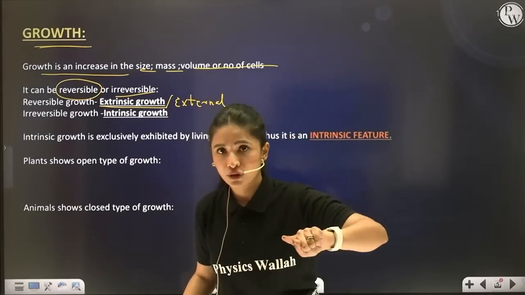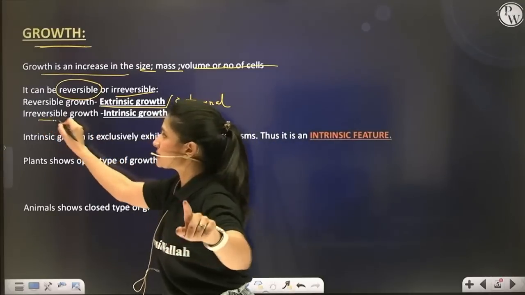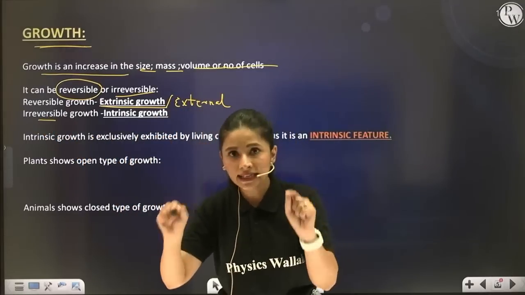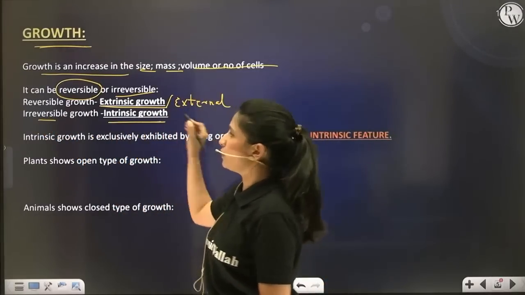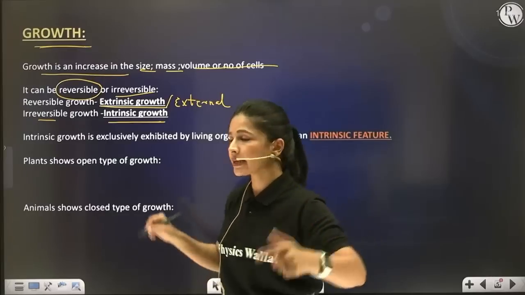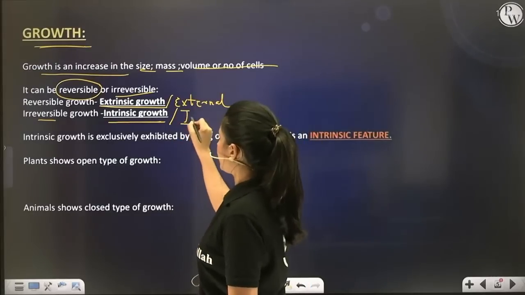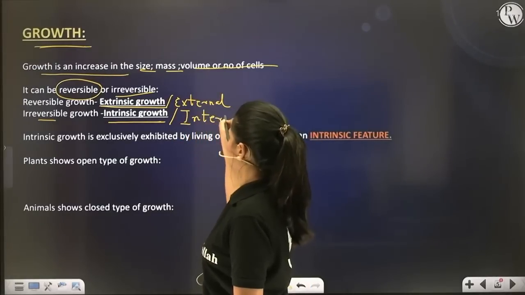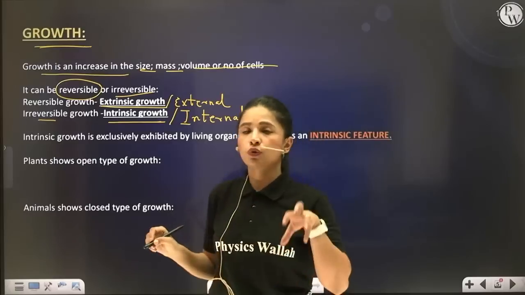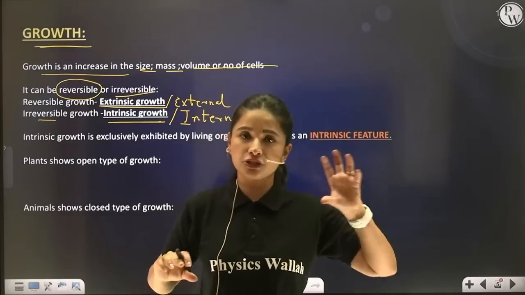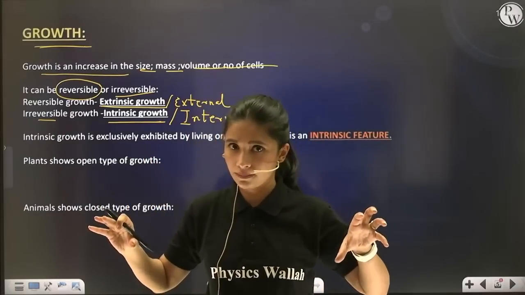And if growth is irreversible, then that type of growth is known as intrinsic growth or internal growth. So one by one I'm going to tell you about extrinsic and intrinsic growth.